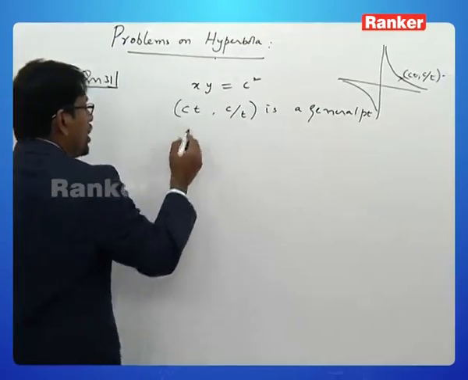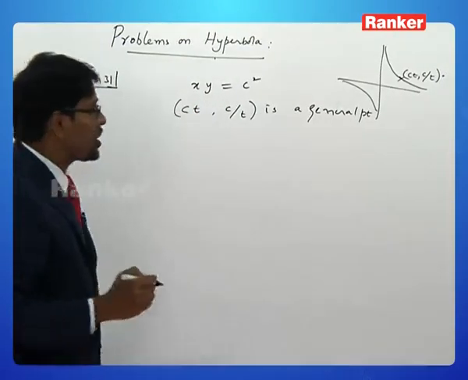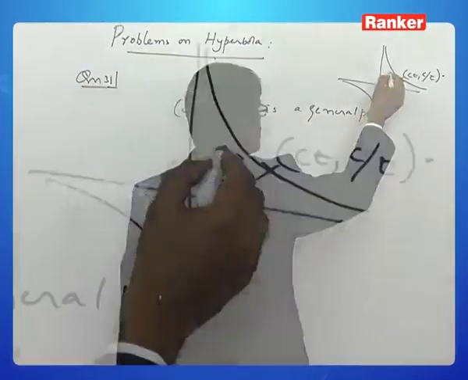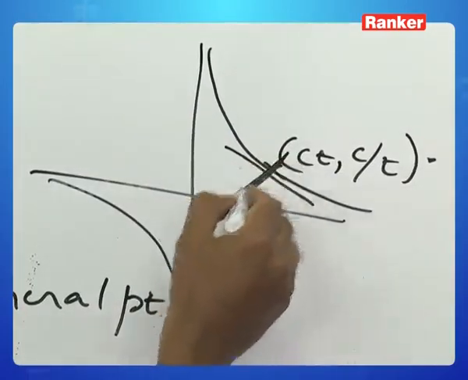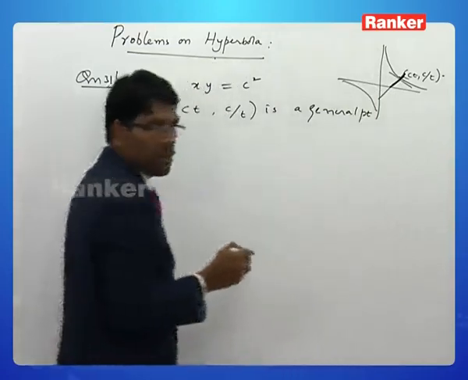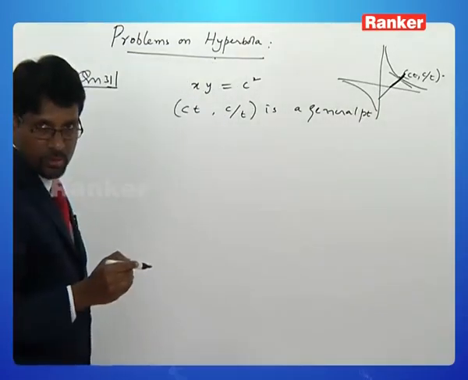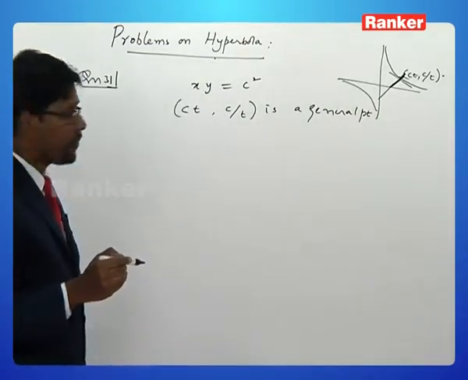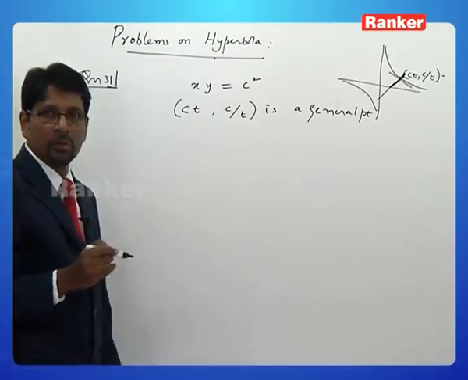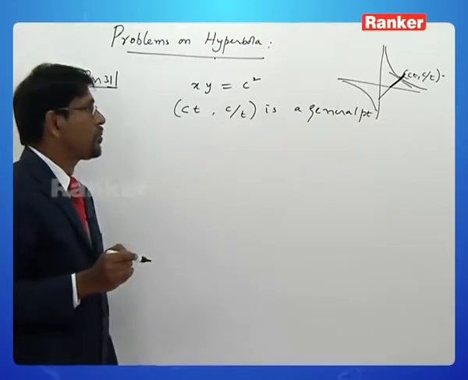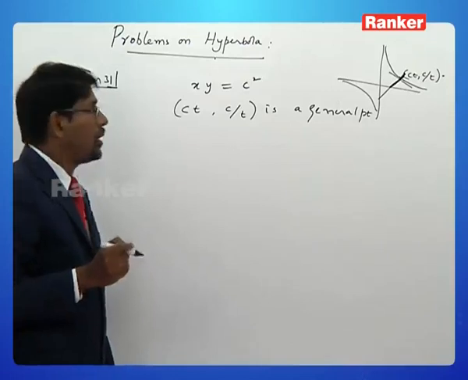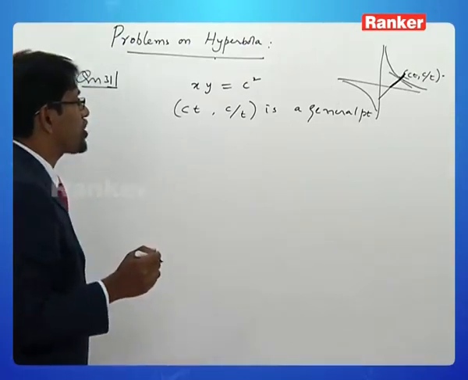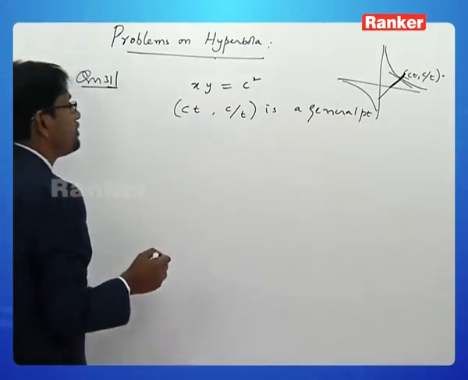Now let's write the normal equation at this point, ct comma c by t.